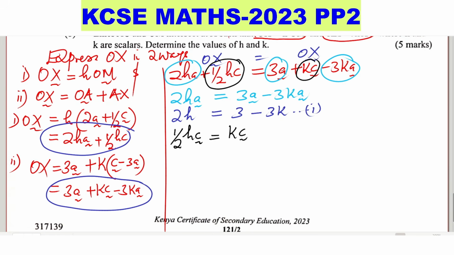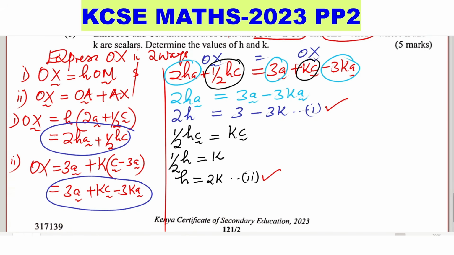Divide each term by C, you'll get half H is equal to K. And when you multiply each side by 2 to get rid of the denominator 2, you'll get H is equal to 2K. That is another equation. Having those two equations, you can solve them simultaneously or use substitution.